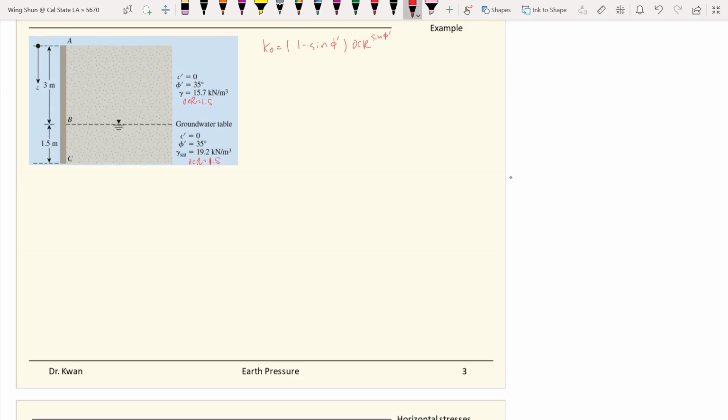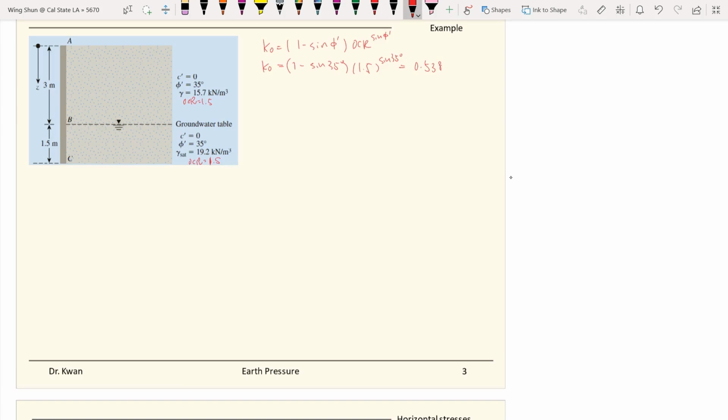If we plug in this formula for 35 degrees and also an OCR of 1.5, we get a K naught value equal to 0.538.